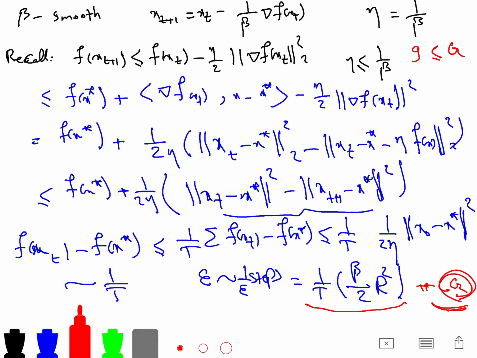But in the smooth case, we don't have such a term, and so we have a better convergence rate. And you see, the suboptimality scales like 1 over t only, instead of 1 over square root of t. And this is a great achievement.